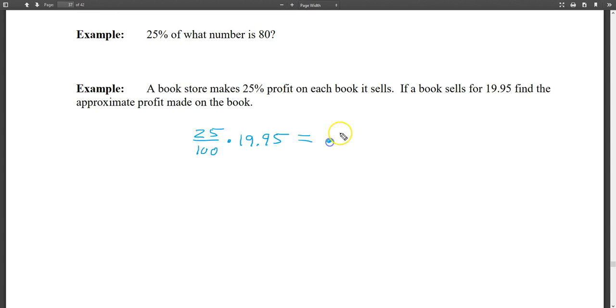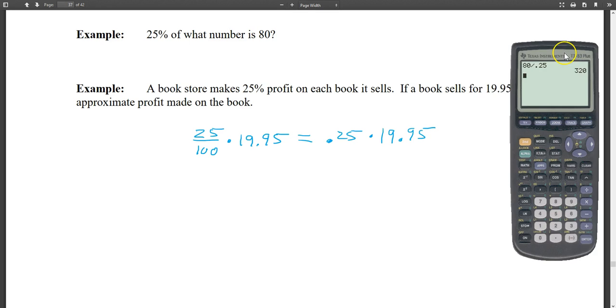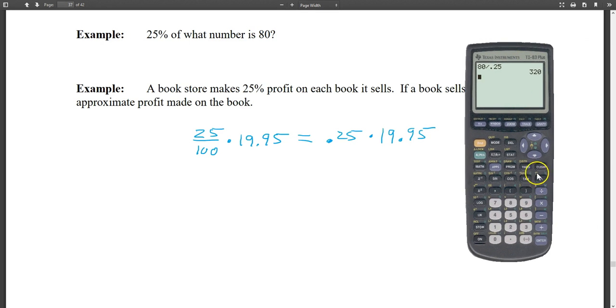So 0.25 times 19.95, not 19 over. And let's evaluate that on our calculator. So 0.25 times 19.95. $4, and let's round that to $4.99.